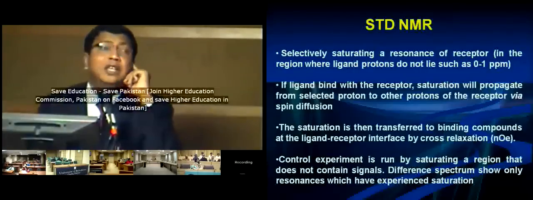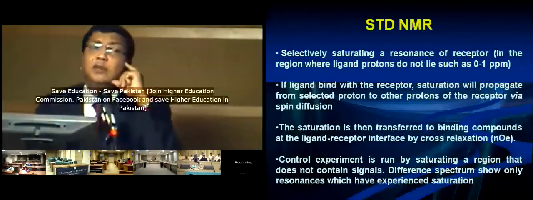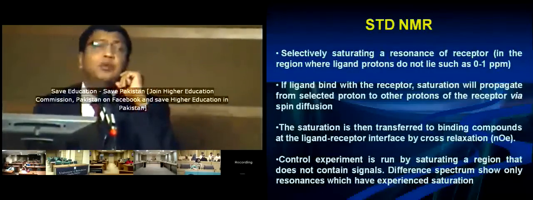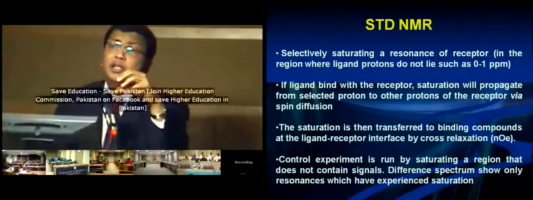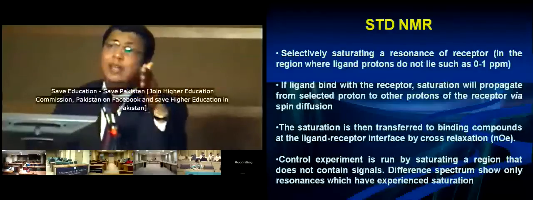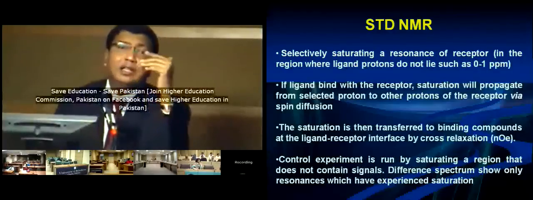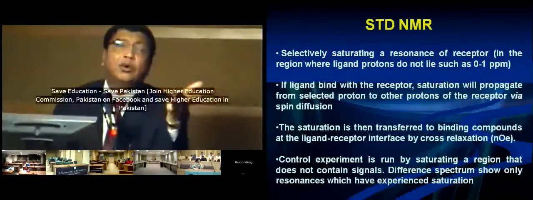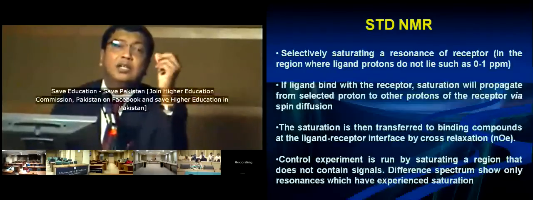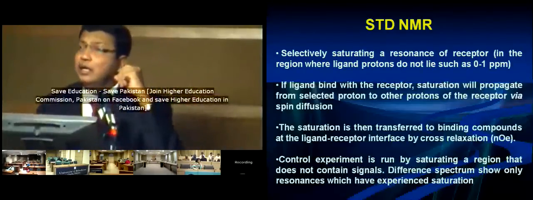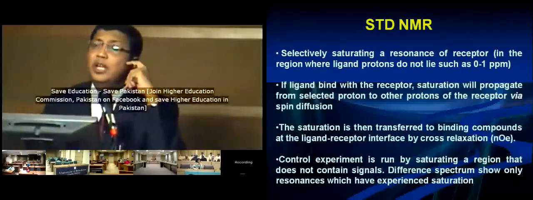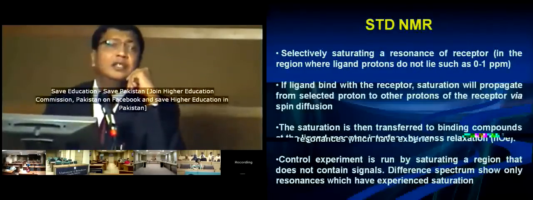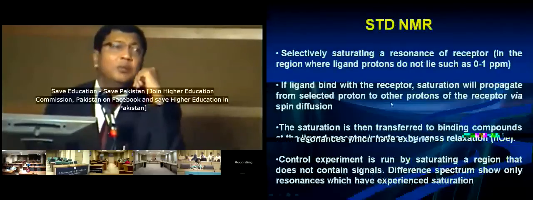Number one was in-resonance saturation, in which you had certain protons of the protein, and then it's called in-resonance. And there is a control, just like a control in experimental designing. In this control you are irradiating a region which has no proton of the protein.